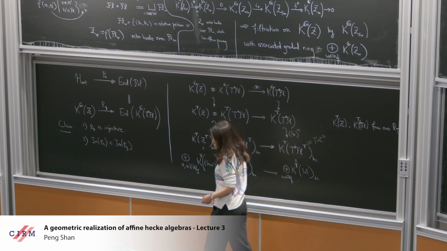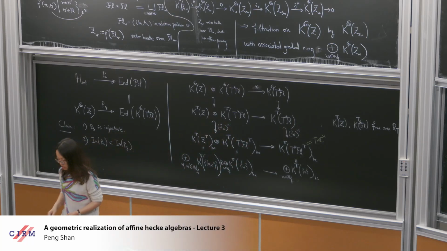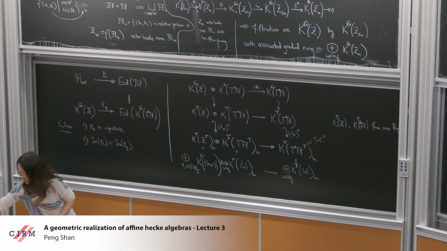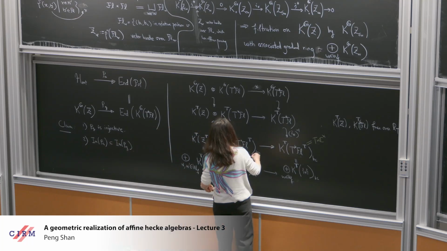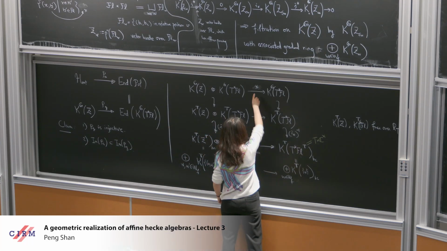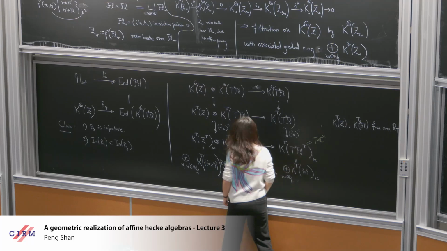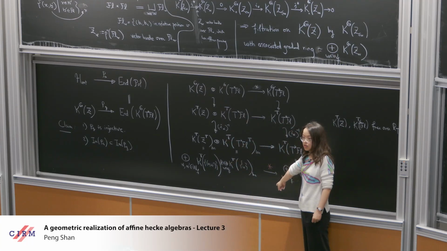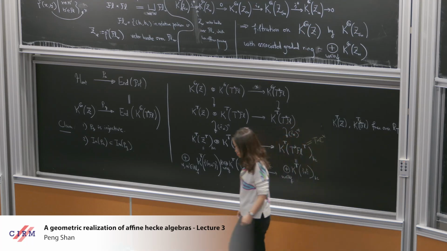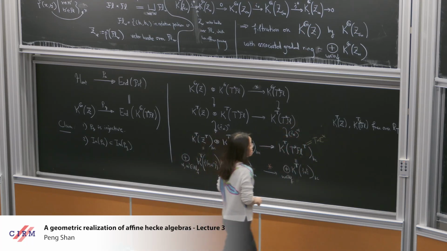And this convolution will induce a convolution product just by transportation of structure. So this is nothing but localization. So this gives you a map here. And the problem is you want to compute this map. Okay? So what is this map?